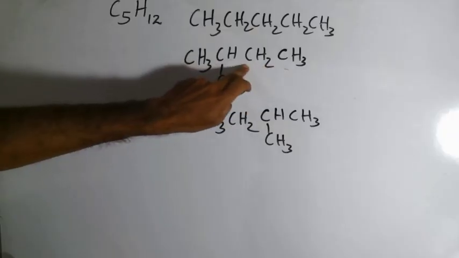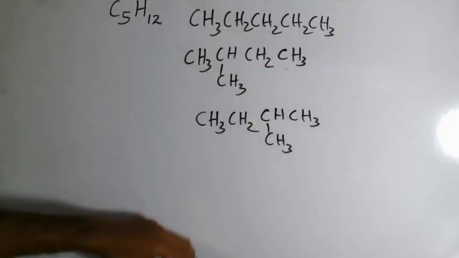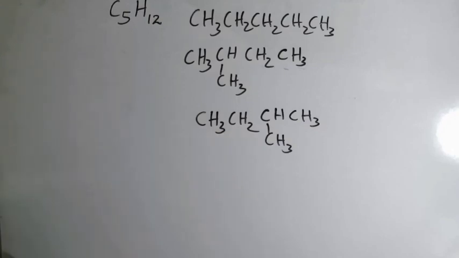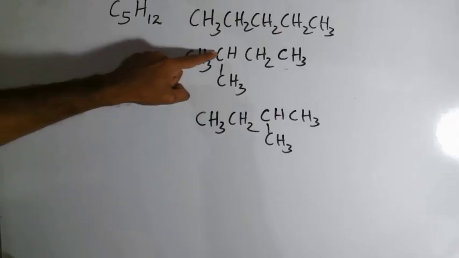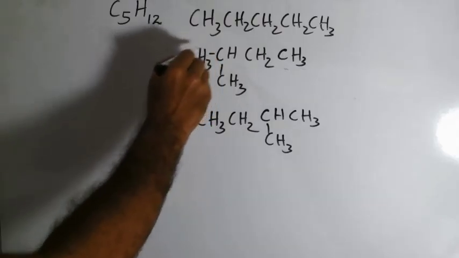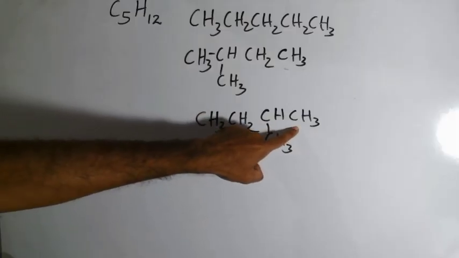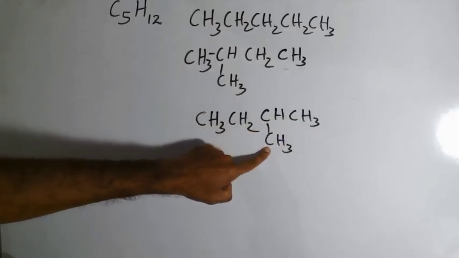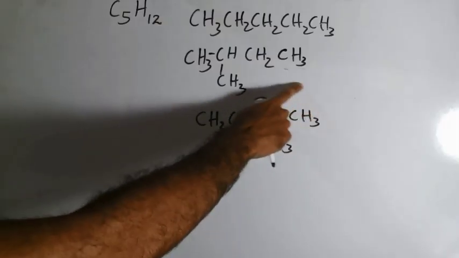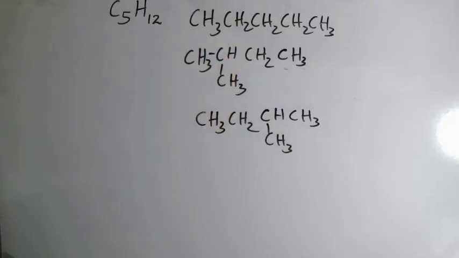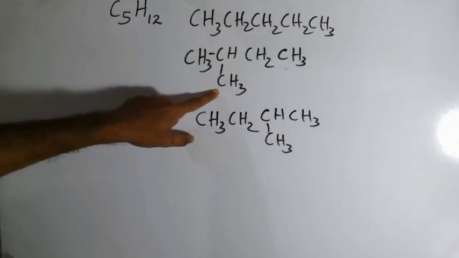There are 2 carbon fragments, it's called an ethyl part. Here again 2 carbon fragment, ethyl part. So the CH3 part is present here also. I mean this part. So it is clear now. This is the same hydrocarbon. So there's no point in shifting the methyl group to here.